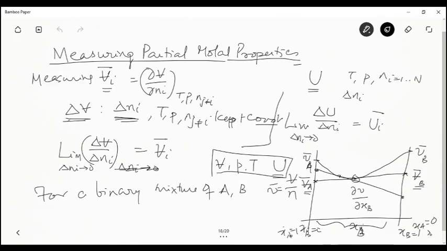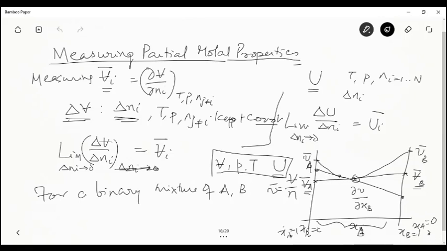Then when we looked at the measurement of the partial molar properties, we took the example of a binary mixture and showed how systematic measurements of partial molar properties can be made, starting from the measurements of the specific volume or the partial molar volume and partial molar internal energy.